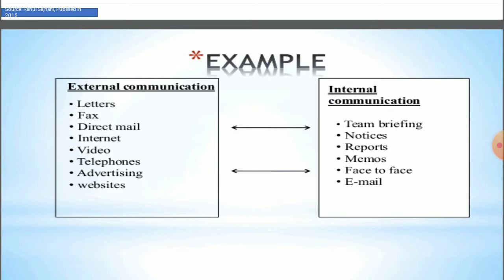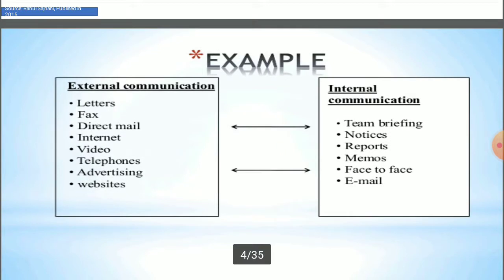When you want to go for external communication, it can be done by using letters, fax, direct mails, and the internet, and there are a number of things we can do using the internet. Then we can go for video calls, telephones, advertising, and we can create a website and communicate with the external authorities which are not there in the business.